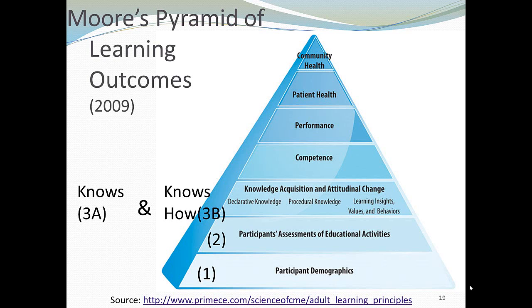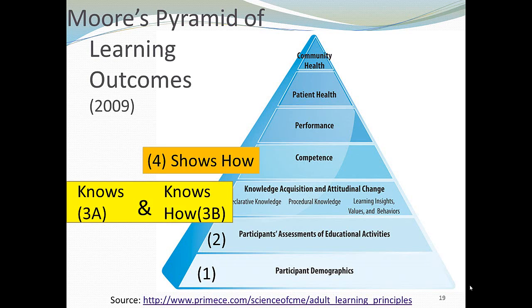But again, was knowledge transferred. Also, level 4 is the shows how, competence. So a lot of certifications, for example, are very concerned with competence. Can you reproduce your competence in the classroom with a strong shows how activity, a measurable activity?